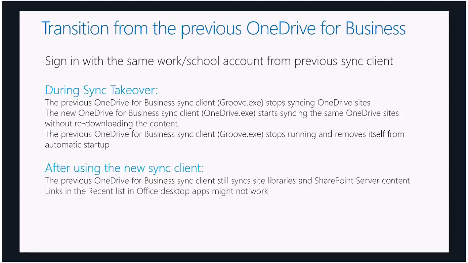This is quite important because in case our customer has hundreds or thousands of users, it is very important for them to replace the group.exe with the OneDrive.exe. So it will help them to be faster, right?